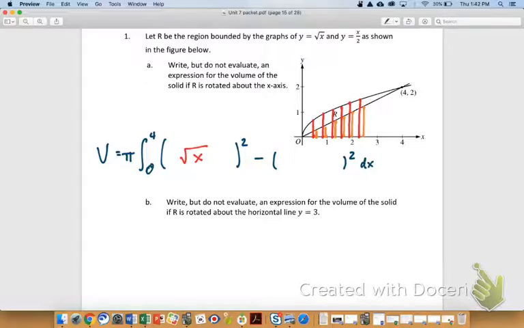The line. So this vertical distance, or this y distance, is x over 2. At this point, we're done, because did you notice in the instructions it said, write but do not evaluate an integral expression? I've done it. I'm good. Questions?